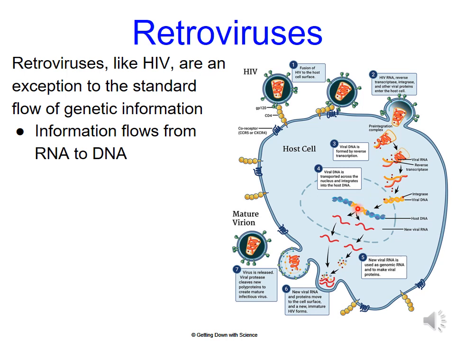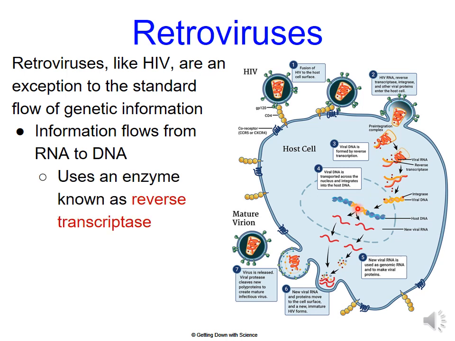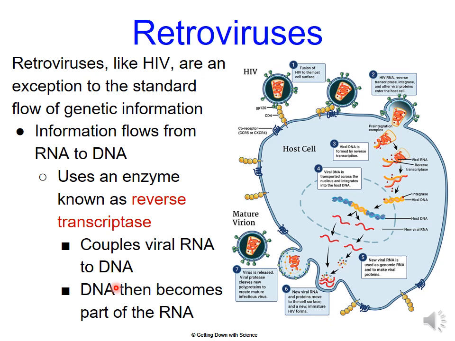So we're going to go from RNA to DNA, and we use reverse transcriptase to do this because we're doing this transcription process backwards. We're reversing it. And so this is how we take viral RNA and turn it into DNA, which then can be used to make messenger RNA and go through the process.